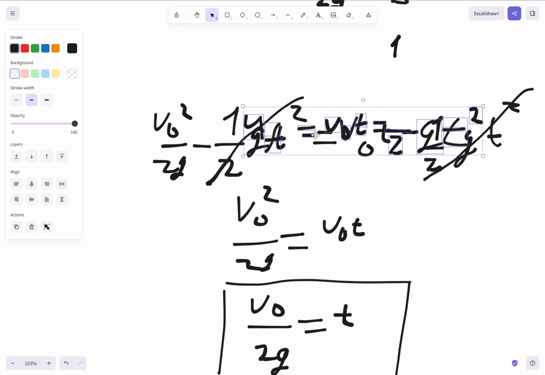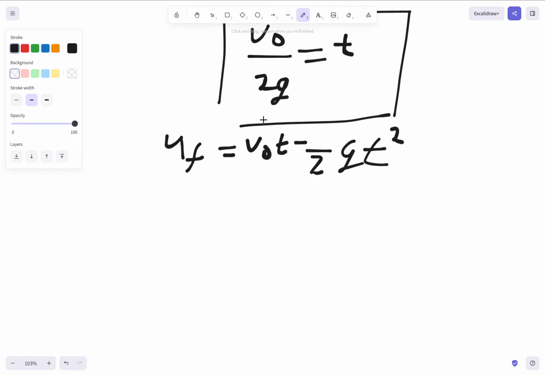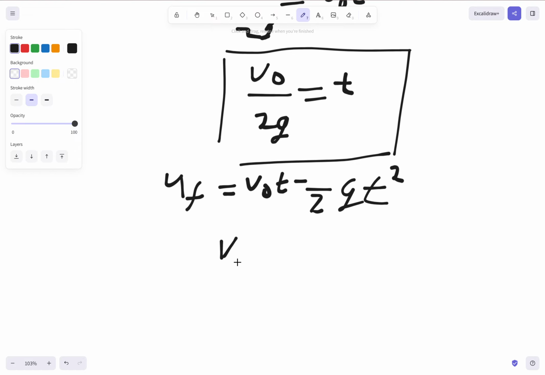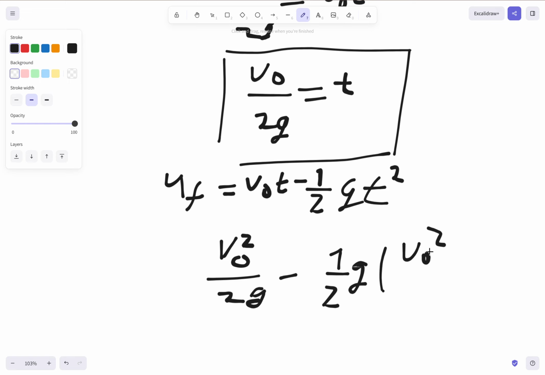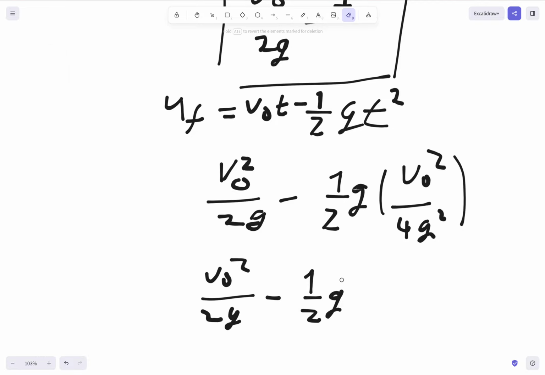So V O squared all over 2G minus 1/2 G times V O squared all over 4G squared.